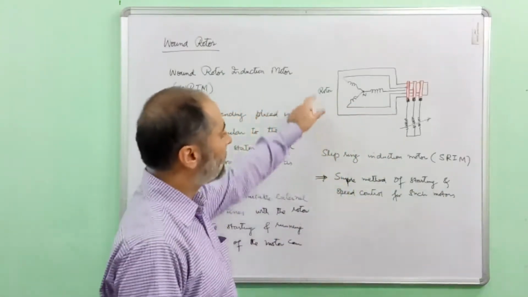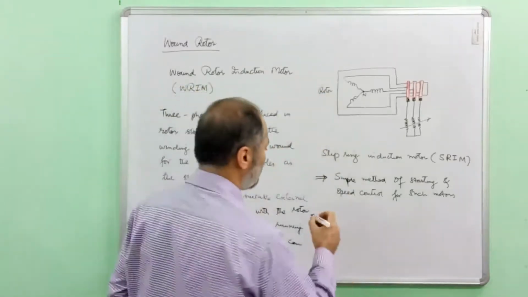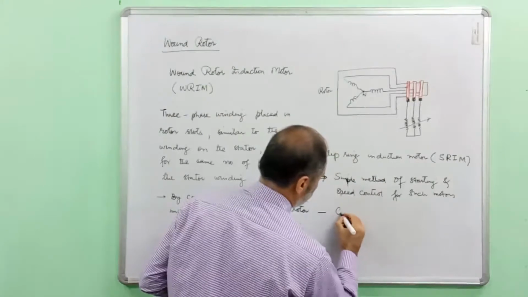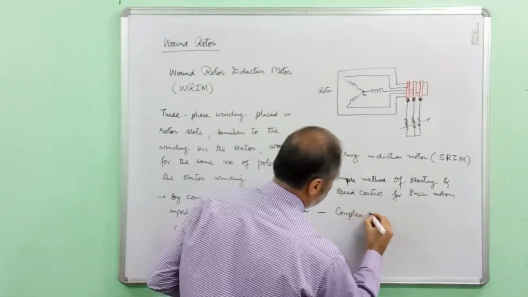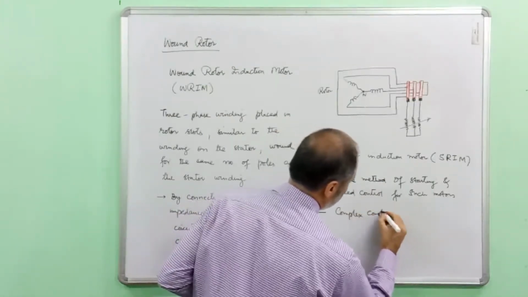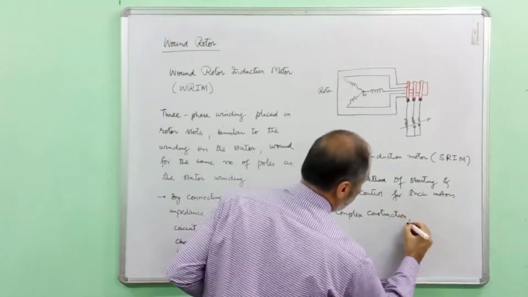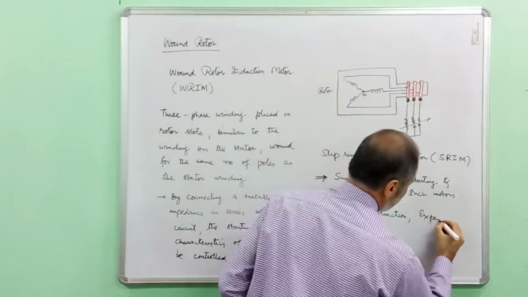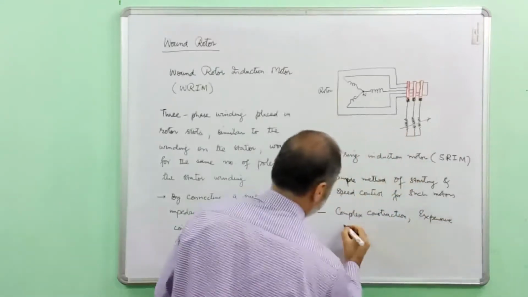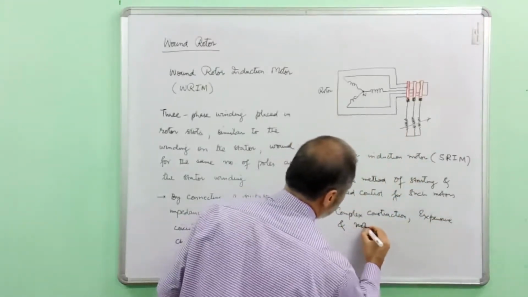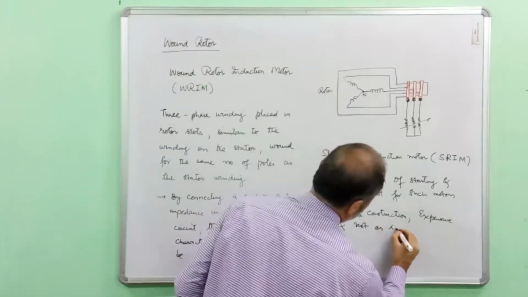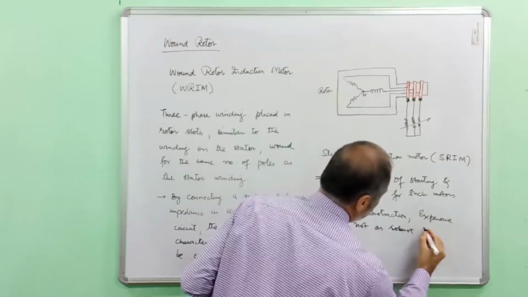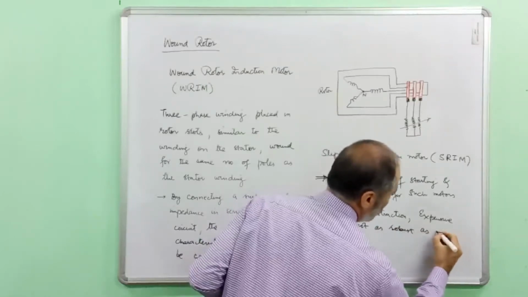However, as far as the rotor construction is concerned, this is a complex construction, and therefore it is not inexpensive, it is expensive and not as robust as the squirrel cage rotor.